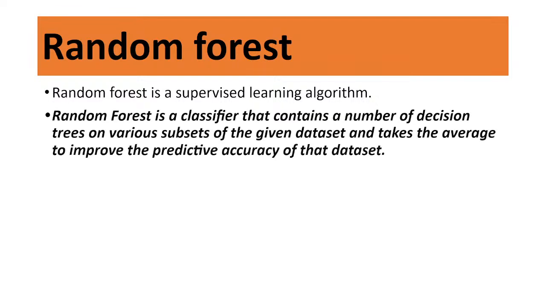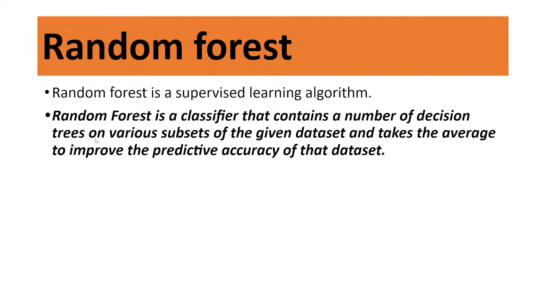Then random forest is a classifier that contains a number of decision trees on various subsets of the given data set and takes the average to improve the predictive accuracy of that data set. So in this time we also get the concept about the decision tree.